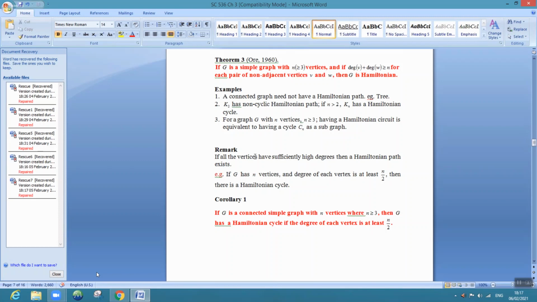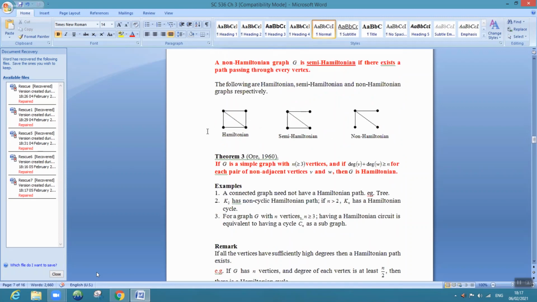If there are 10 vertices, each vertex has at least degree 5. So if this graph has 4 vertices, n is 4, n by 2 is 2, each vertex should have at least degree 2. Here, this has degree 2, but this has 1.